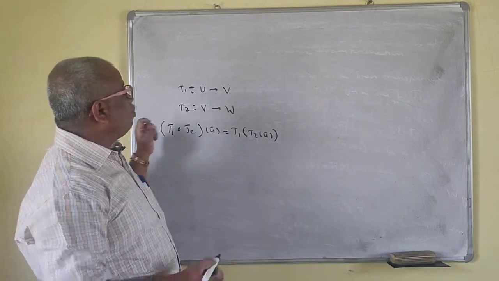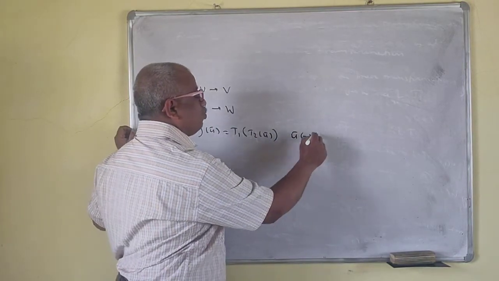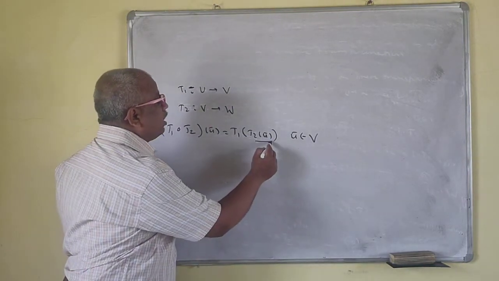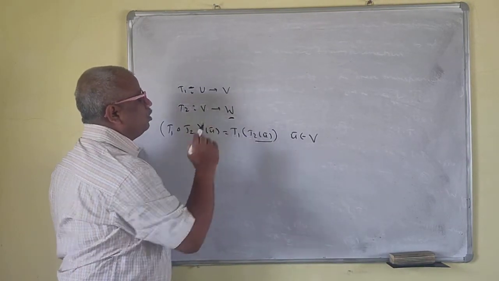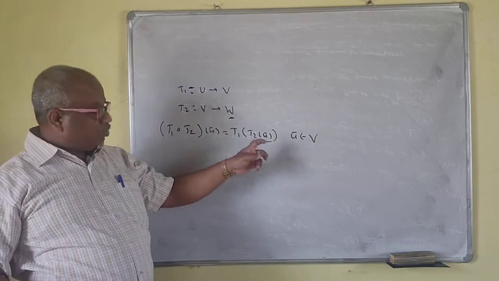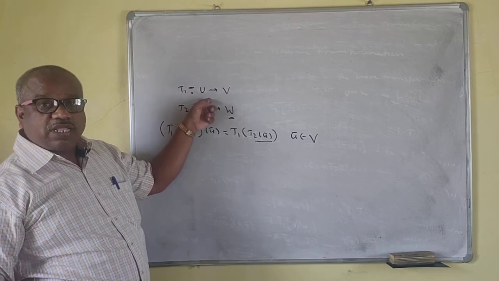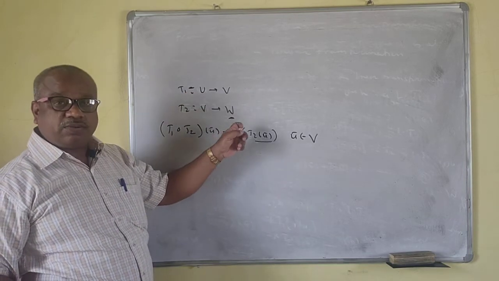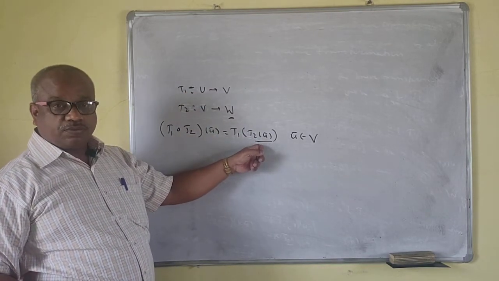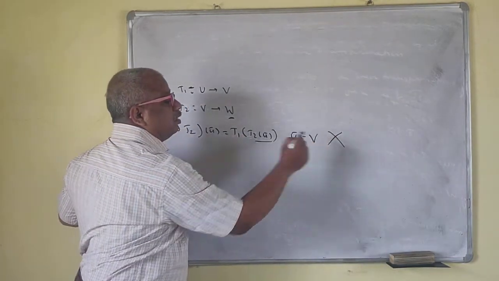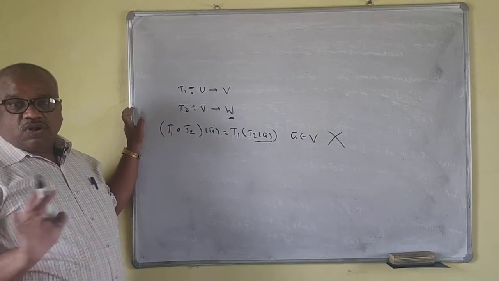What is the domain of T2? This, so U bar belongs to V. But T2 of U bar belongs to W. Now you are applying T1, and T1 you can apply only on the element of U. You cannot apply T1 on the element of W. So that means this does not exist. T1 compose T2 does not exist.